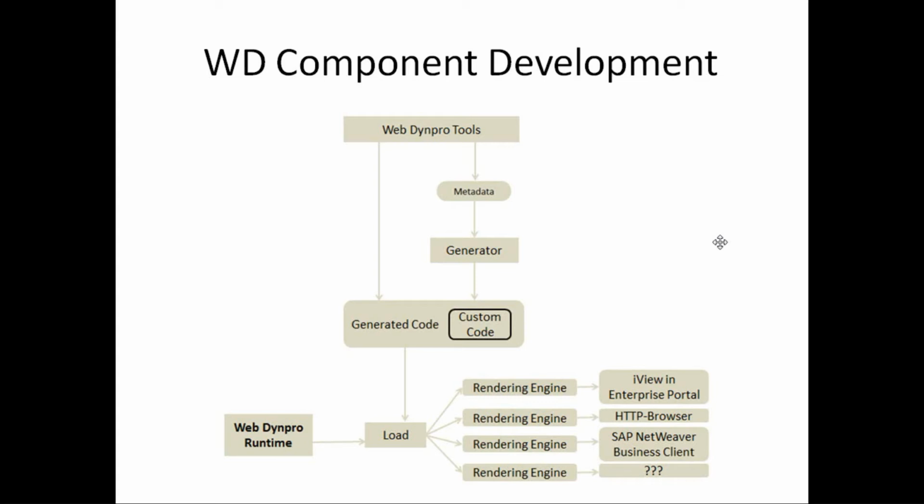For example, the web-based application built using Web Dynpro can be accessed using the rendering engine, that is, a normal HTTP browser, or using an iView in Enterprise Portal, or using the SAP NetWeaver Business Client.